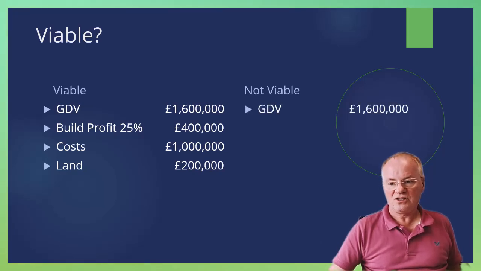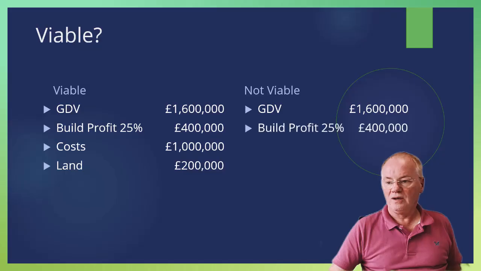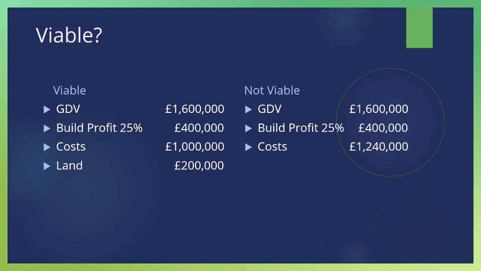So let's look at a situation which is not viable. The same gross development value of 1.6 million, the same profit margin of 400,000, so they don't change. But in this example, we're going to say that our build costs are significantly more, in other words, another 240,000. And what we can see here is that our land is actually worth a negative amount, in other words, minus £40,000.